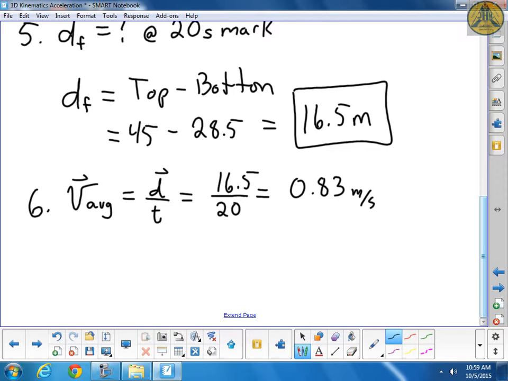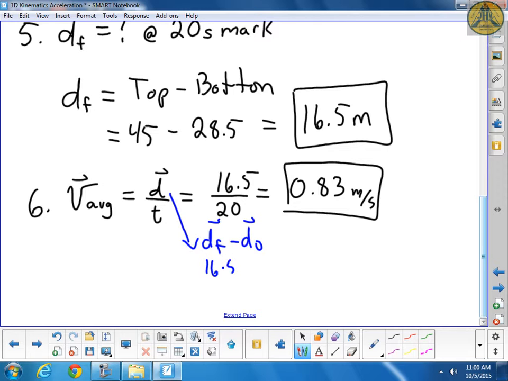So now speed will be a little bit more work, but not too much. Average speed is distance over time. We didn't calculate the total distance traveled, but we have all the pieces. We have the distance traveled east, 45, distance traveled west, 28.5. So we add them up.